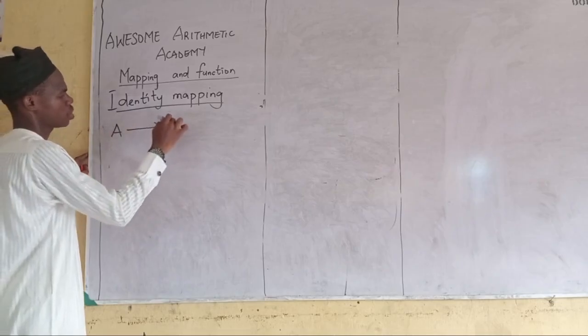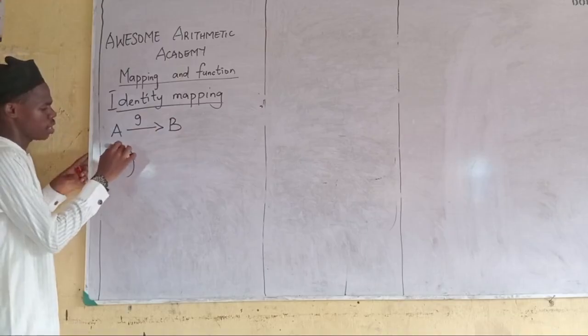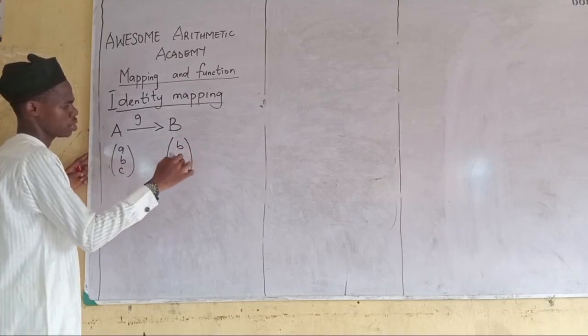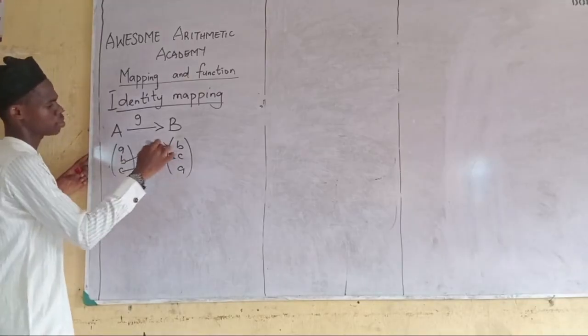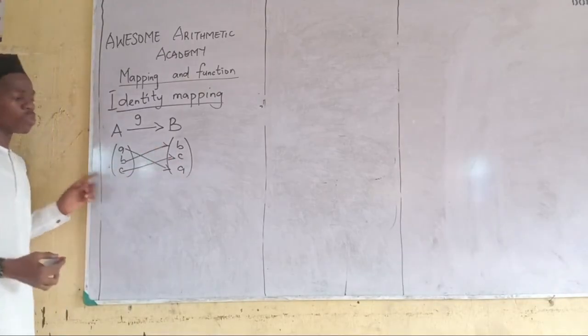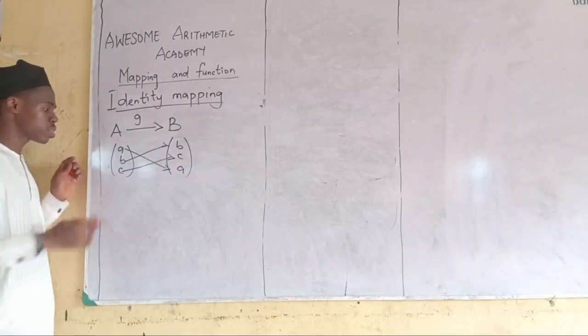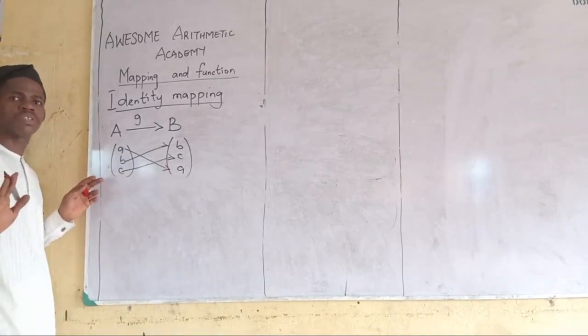For instance, if I have A, B, C here, and then A, B, C at this side, whereby C is mapping to C, B is mapping to B, A is mapping to A. In this case, we call this an identity mapping because A is mapping to the same thing here. Identity, there is no change there.